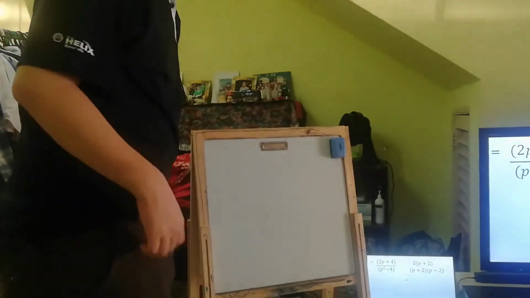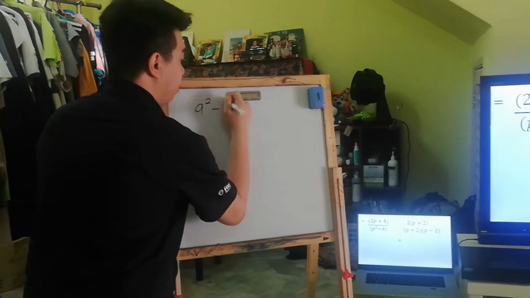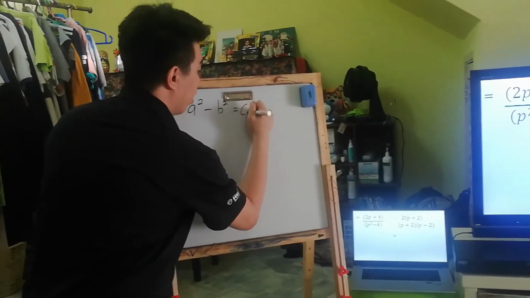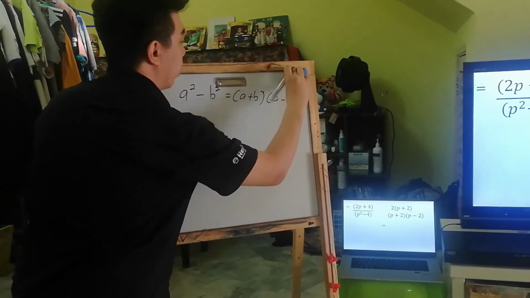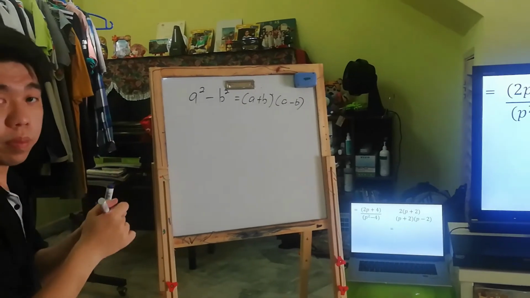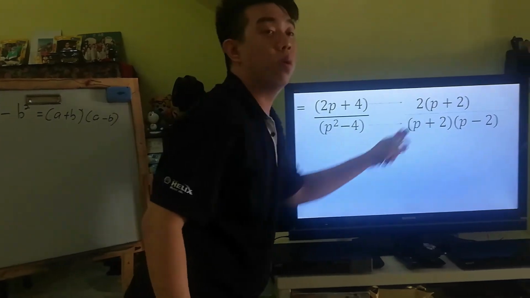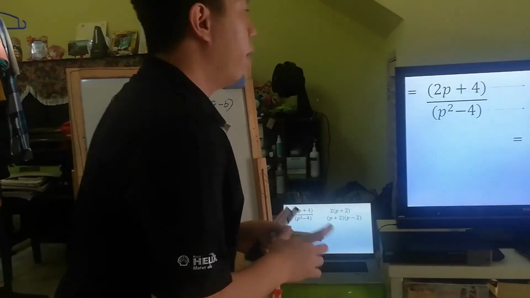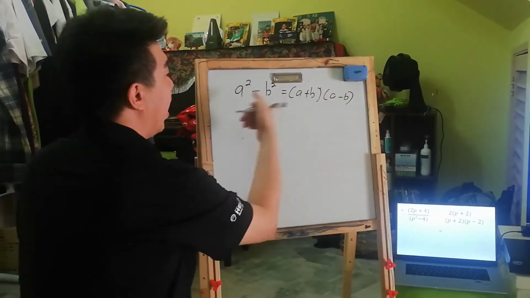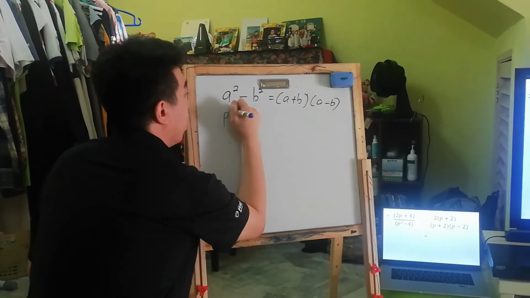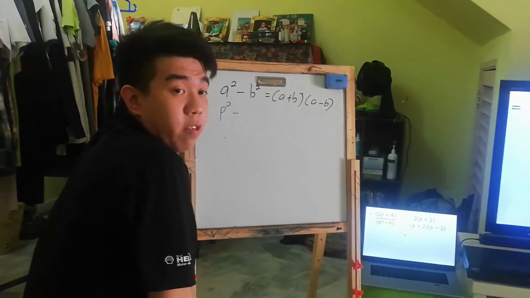If you want to simplify 2 terms, see here, a square minus b square equals a plus b, a minus b. This is the formula you remember. So here, p square minus 4. Write down 4 as 2 square, because we're making it to this form. 2 square equals 4.